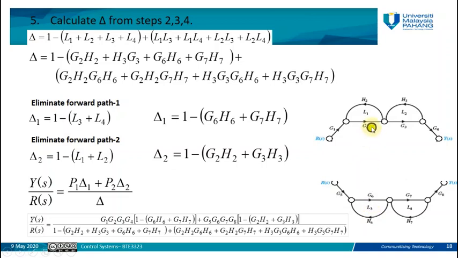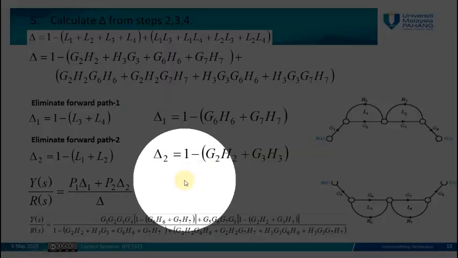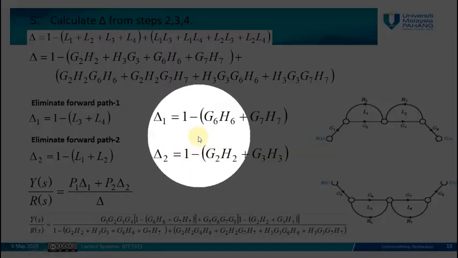The loops are L1 and L2. So delta 2 equals 1 minus L1 plus L2. We substitute the value of L1, which is G2H2, and the value of L2, which is G3H3. So this will be the value of delta 2, and this is the value of delta 1.